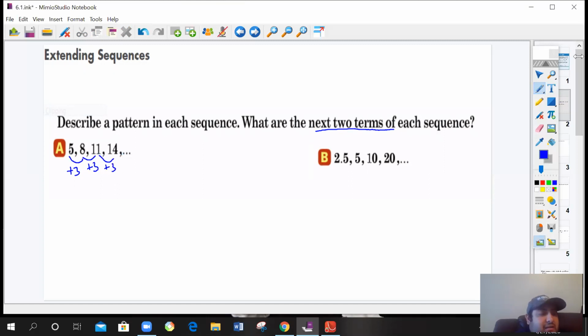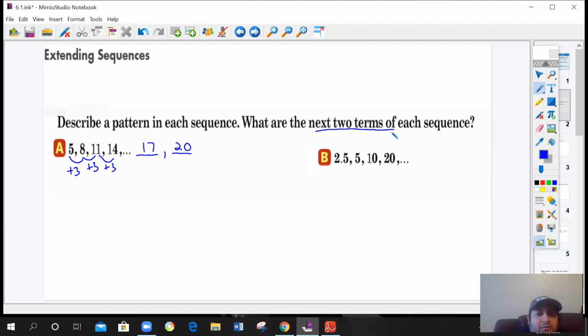So most likely, the next two values are going to be added by 3. So the next value is going to be 17, and the next value is going to be 20, because from 14 added 3 is 17, added another 3 is 20.